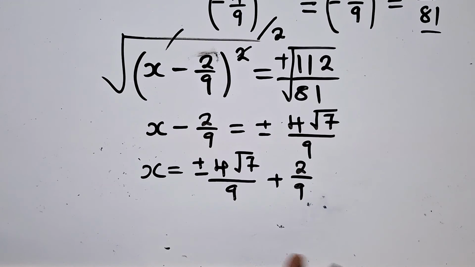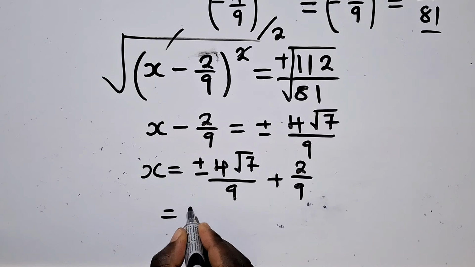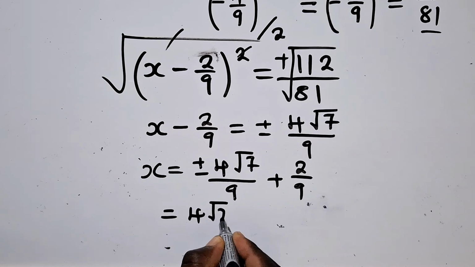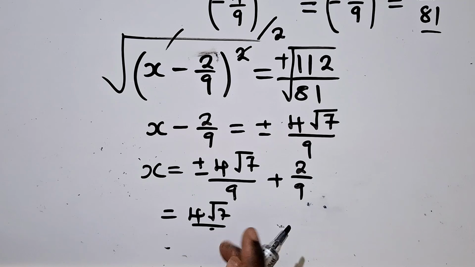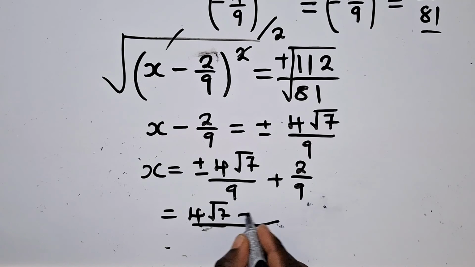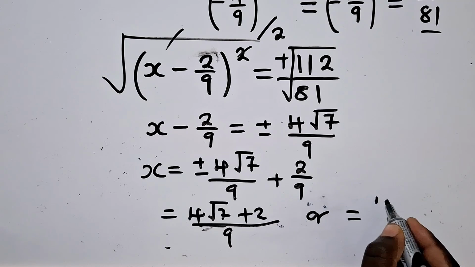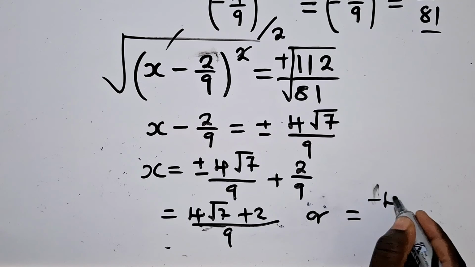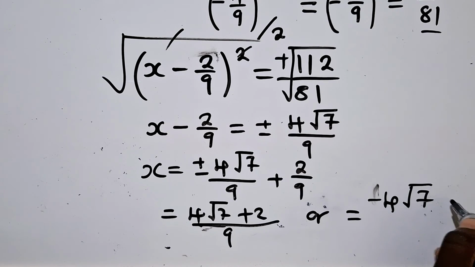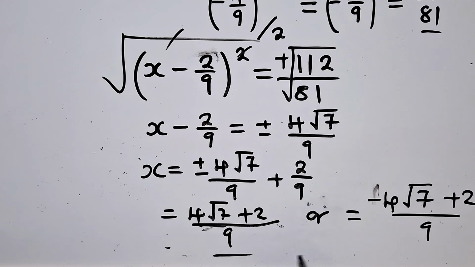The first solution, if you're following nicely, would be 4 square root of 7 over 9 plus 2 over 9, or minus 4 square root 7 over 9 plus 2 over 9. So these are the two solutions.